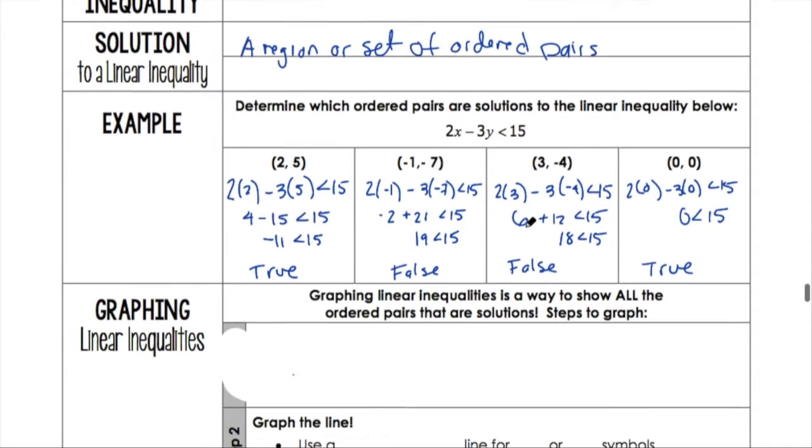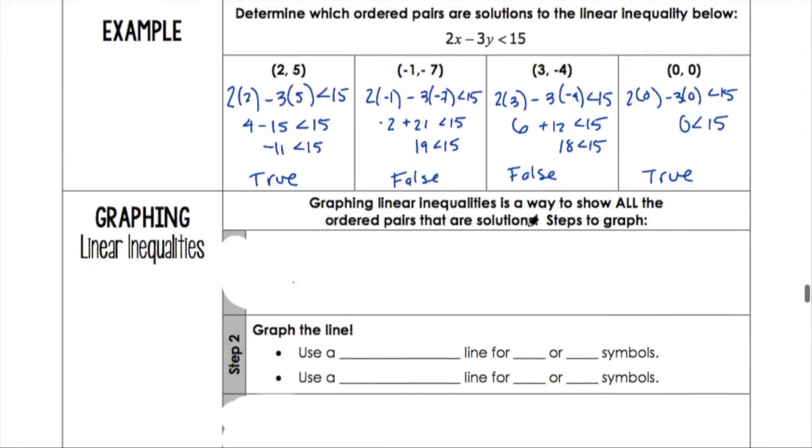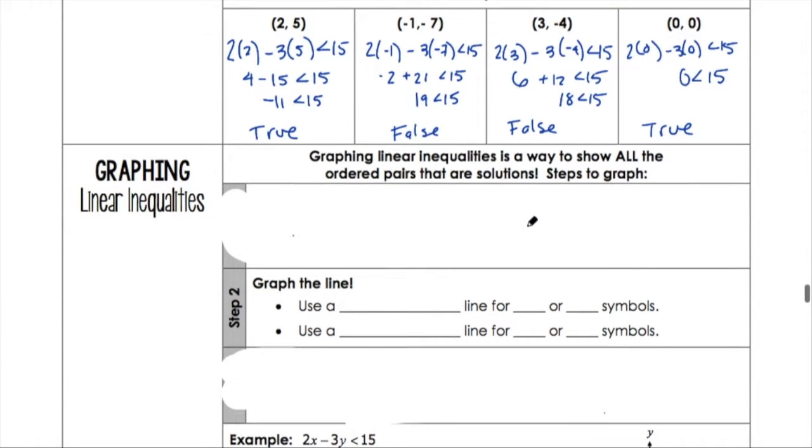So from your worksheet, I'm going to change up the steps a little bit, and I'm not really going to call them steps because I think there's a couple different ways we could approach these. One thing we're going to talk about is that when we're graphing these on a coordinate plane, there's going to be an important distinction between the symbols less than, greater than, and the symbols less than or equal to, greater than or equal to. We've always said that less than, greater than means it can't be equal to it.